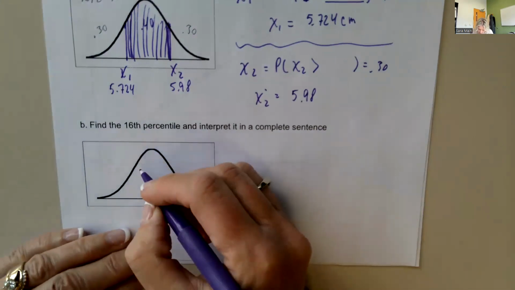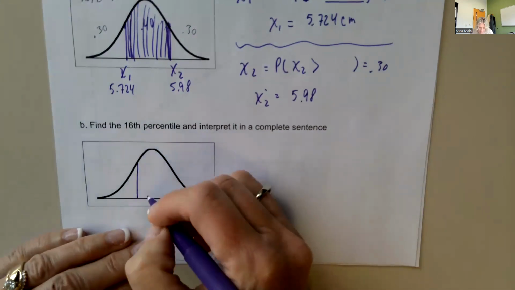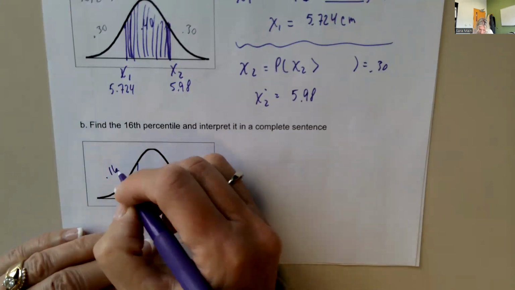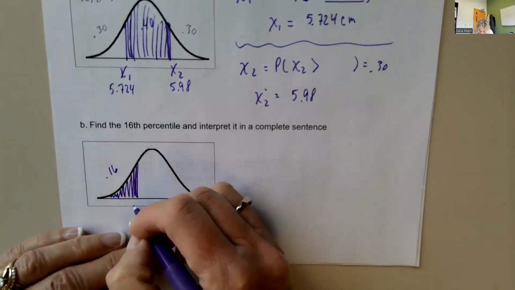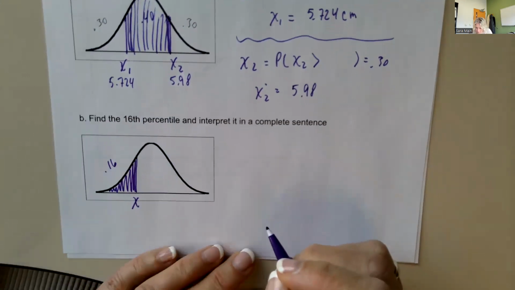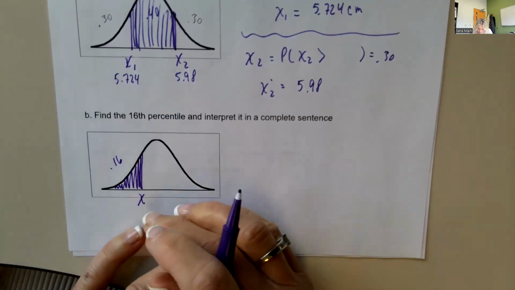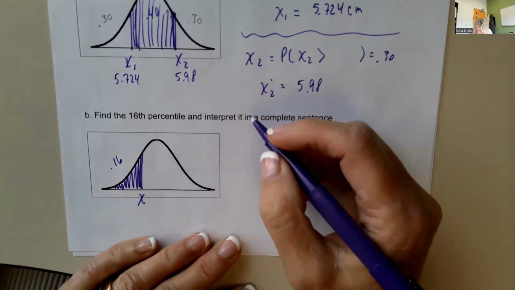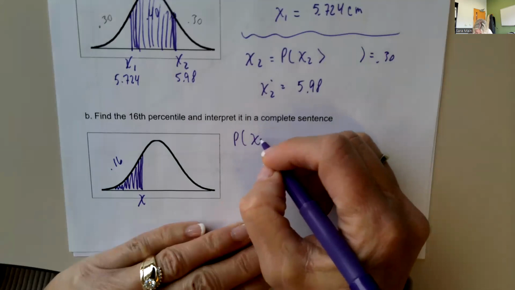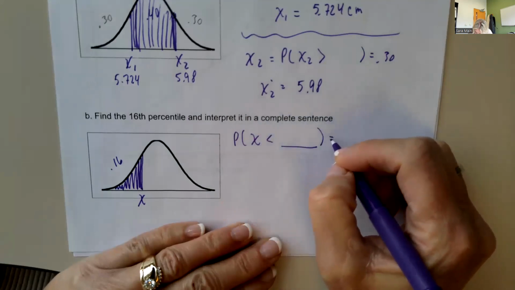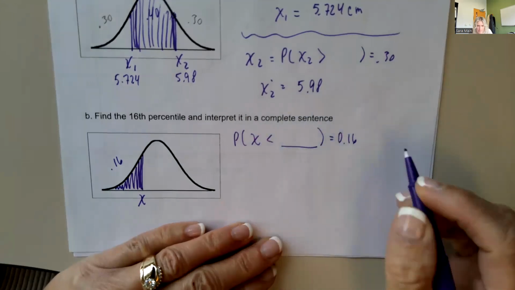So 16% is going to be to the left because half is 50%. So that's 0.16, and we want to find what diameter of the mandarin oranges is such that 16% are smaller in diameter. So this is the probability that X is less than some x equal to 0.16.